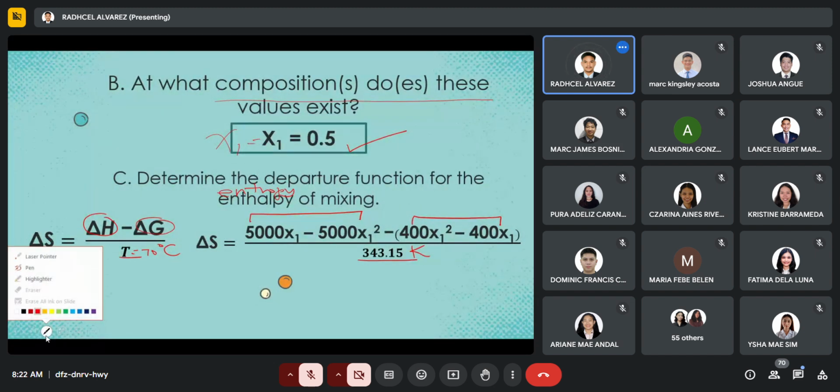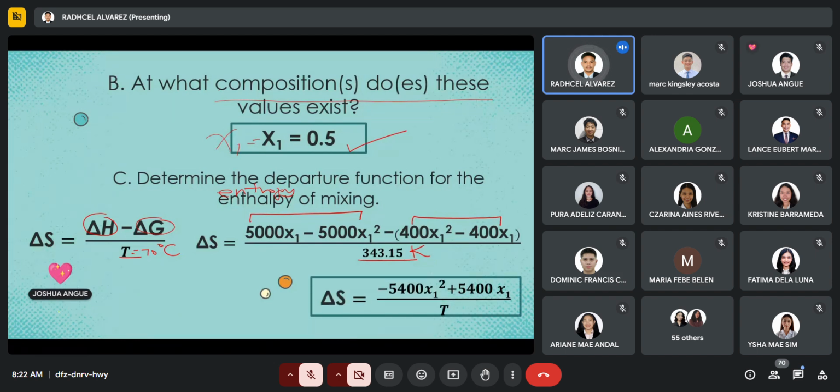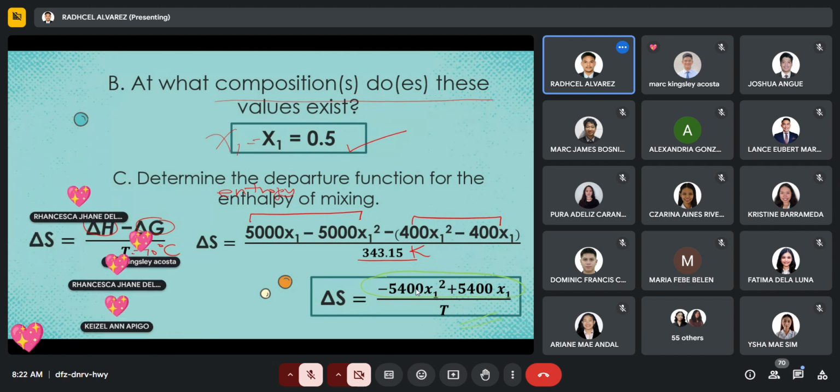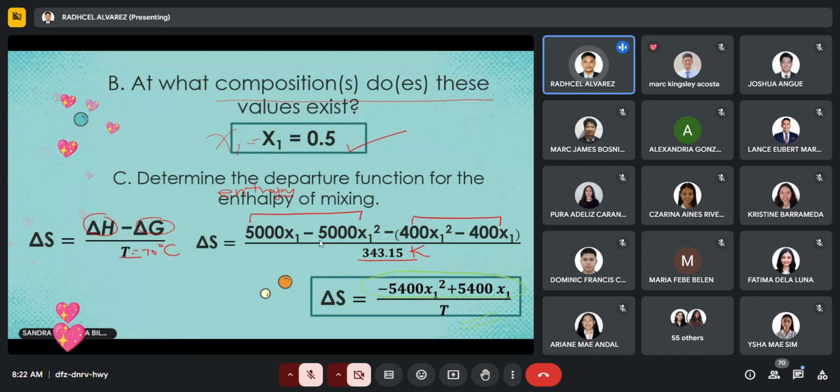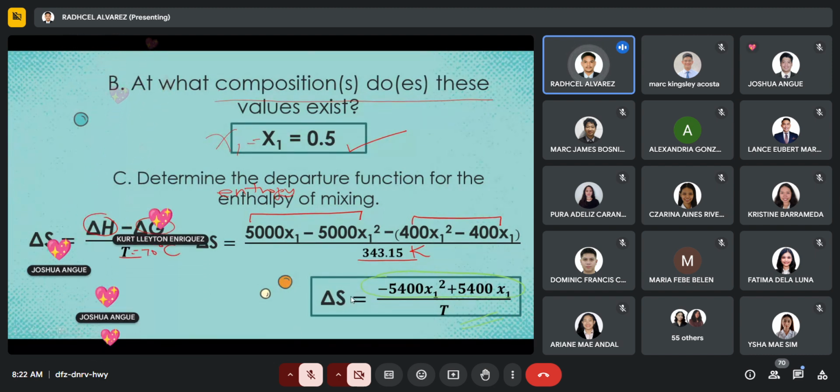So, pag sinimplify natin siya, makukuha nyo itong negative 5,400 x1 squared plus 5,400 x1 all over T. So, ito yung ating final answer. Combining like terms lang siya dito. And this is our final answer.